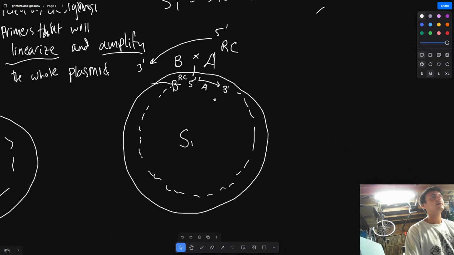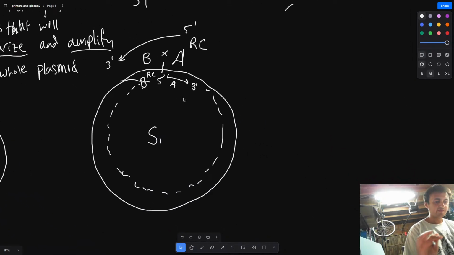So we can rest easy. The key reason is that in here, if this is 5 prime and this is the 3 prime end of this strand, there is no bond.